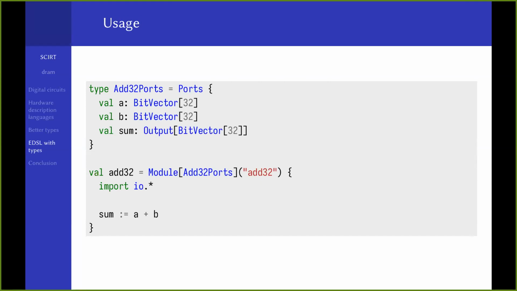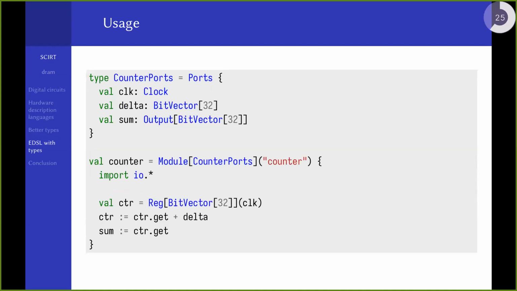We can import IO.*, so it imports everything that's in this IO, so to speak, and through some macro magic, it will actually bring all of these ports into scope. And so output here is just a funny alias for Wire, so we can assign it, and we can use a + b like in Chisel. And this is the adder module as shown before. And this is similar for the counter module.